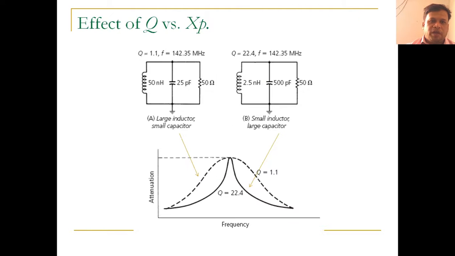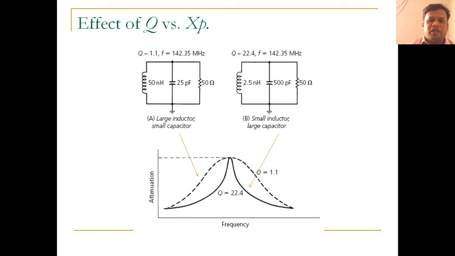Coming to the next slide, the effect of Q versus XP. What is XP? Q versus XP we are finding out here. With a large inductor and a small capacitor, say a 50 nH inductor and a 25 picofarad capacitor, and the resistance is 50 ohms, we see that the quality factor is 1.1 and F is equal to 142.35 megahertz.